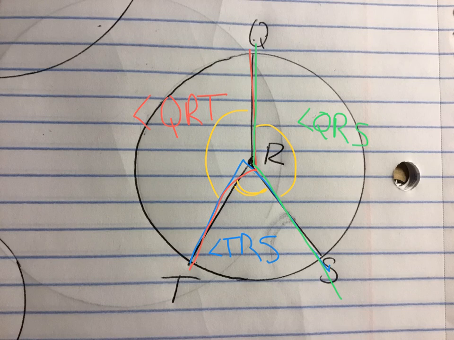Remember, I can write these in the opposite order as long as my vertex stays in the middle. So it could be SRQ on that one. It could be angle TRQ on that one. And it could be angle SRT on that one. Notice that this middle, that R, that vertex is going to be in the middle on all of those.